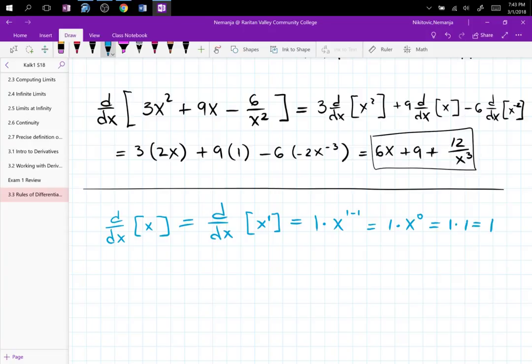Right? So we are still using the same x to the n rule. And as soon as we realize that x is actually x to the first power, the rest is just subtracting numbers and so on.